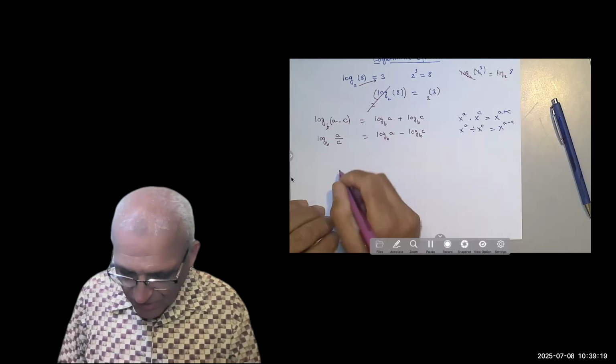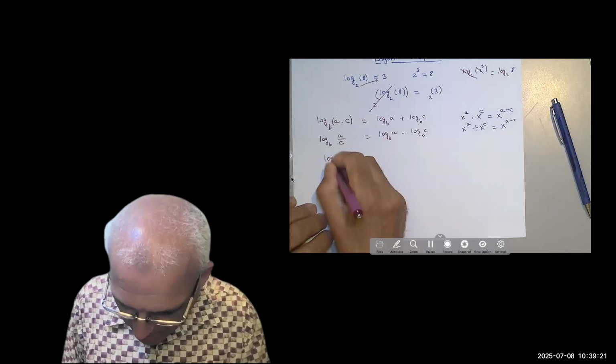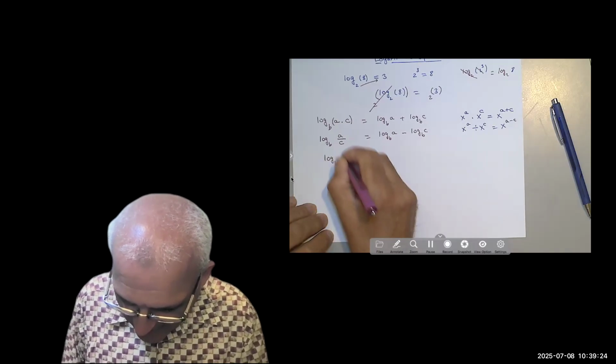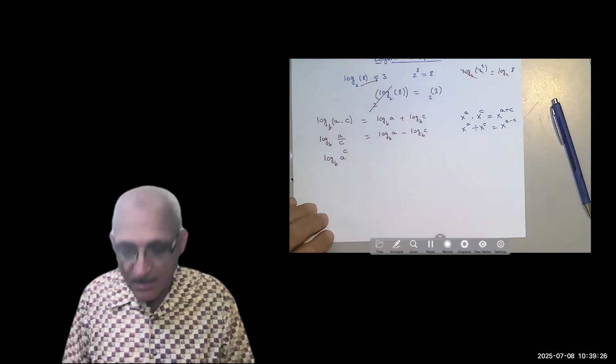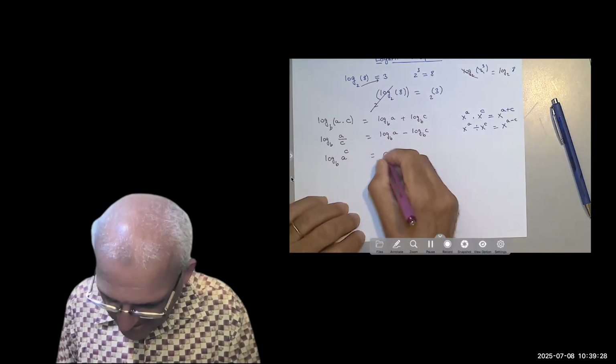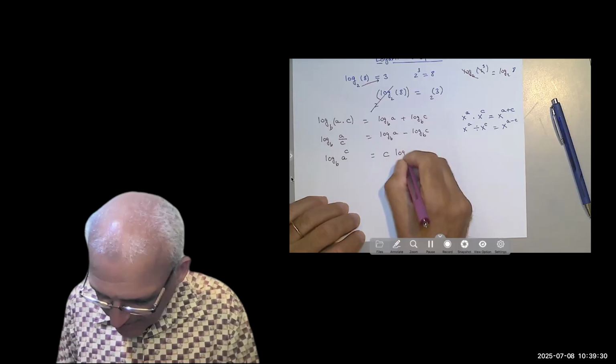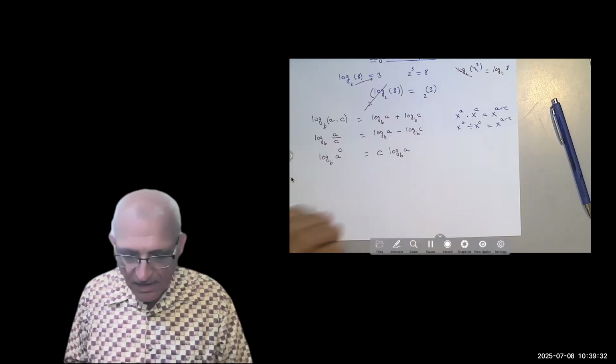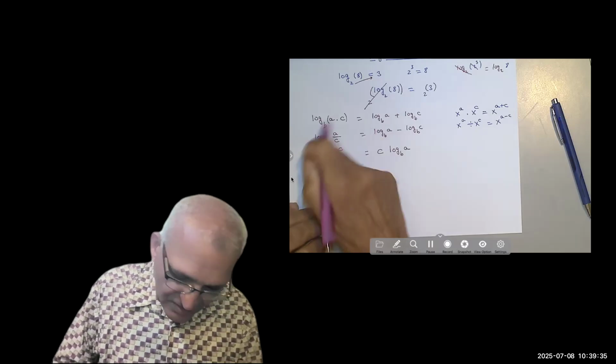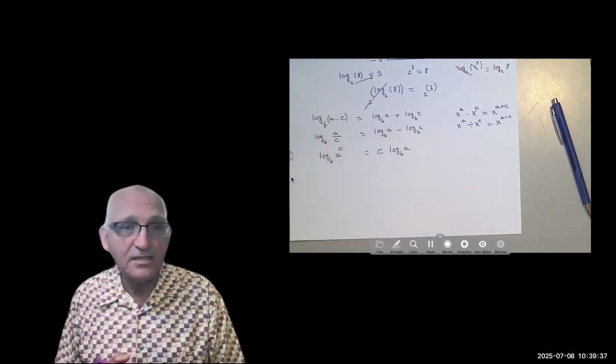We also wrote log to the base b of a raised to the power of c. That becomes c times log to the base b of a. So the exponent goes down and becomes a multiplier.